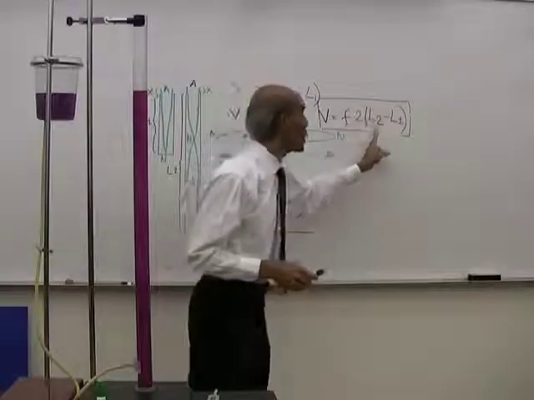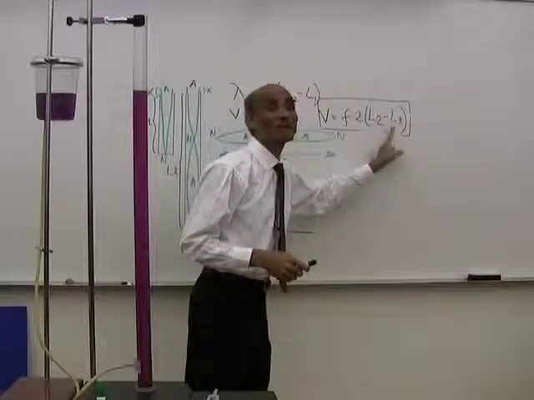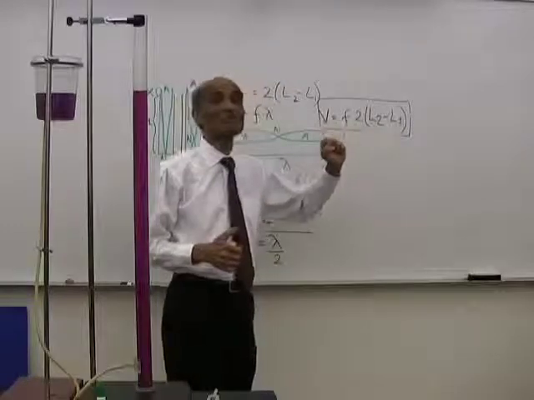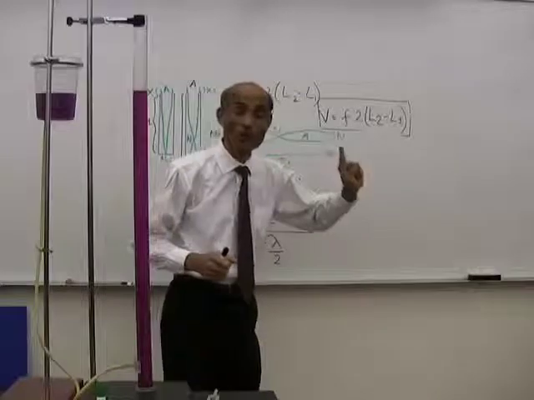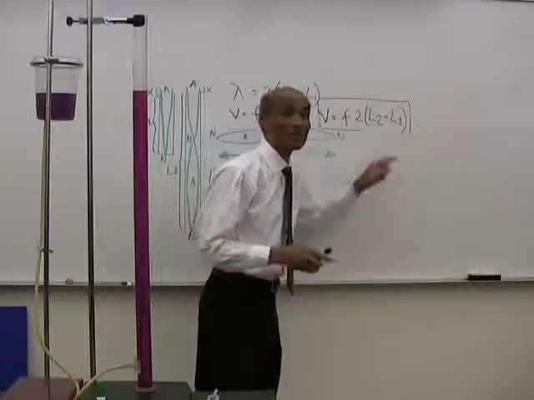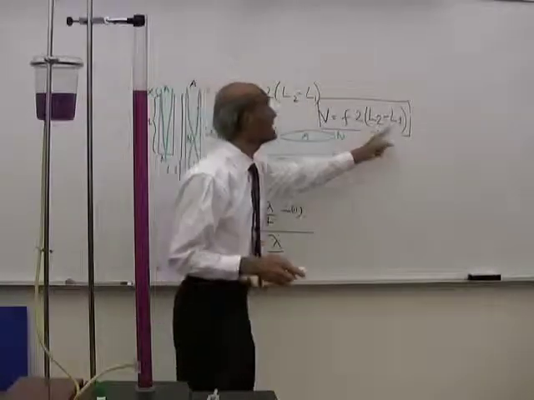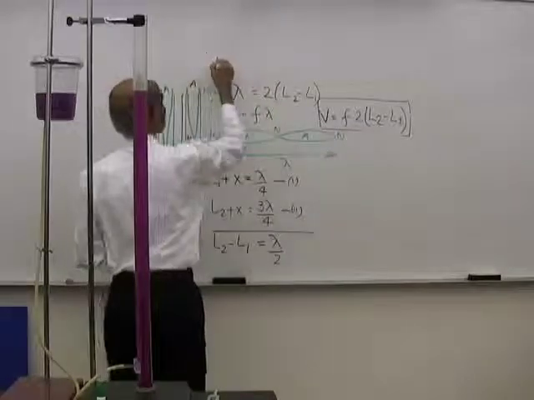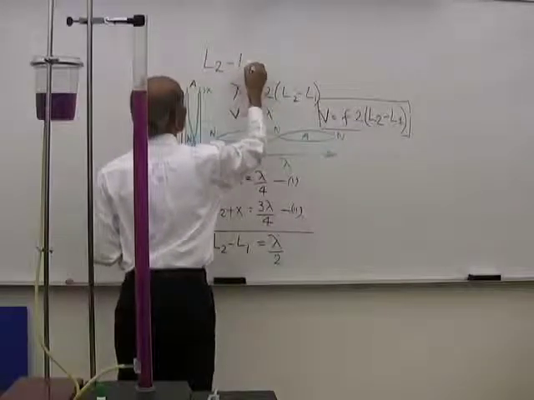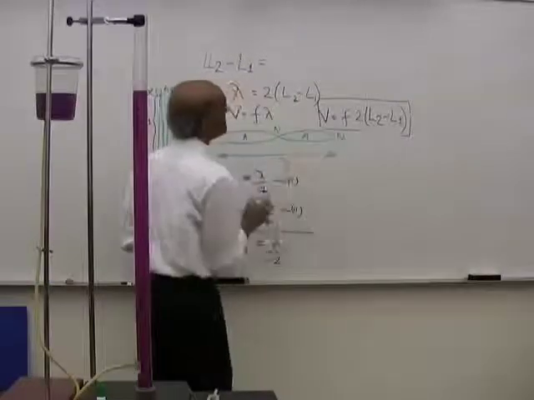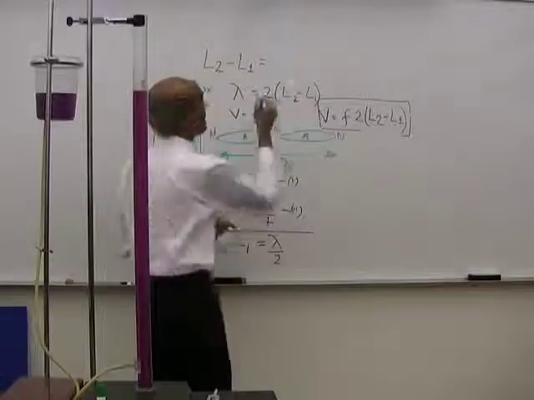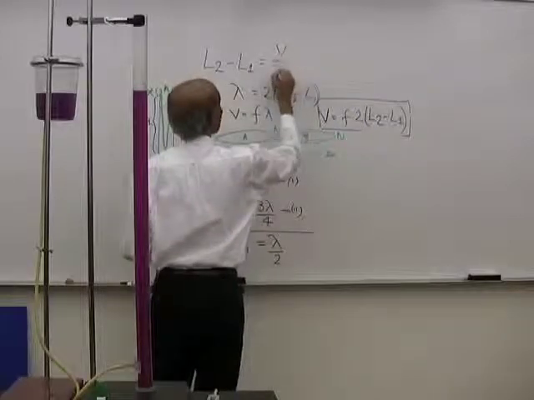That means you solve for the dependent variable. In order to write your equation in the form y equal to mx, always solve for the dependent variable. And solving here for the dependent variable gives me L2 minus L1 equal to V divided by 2F. Is that right? V divided by 2F.